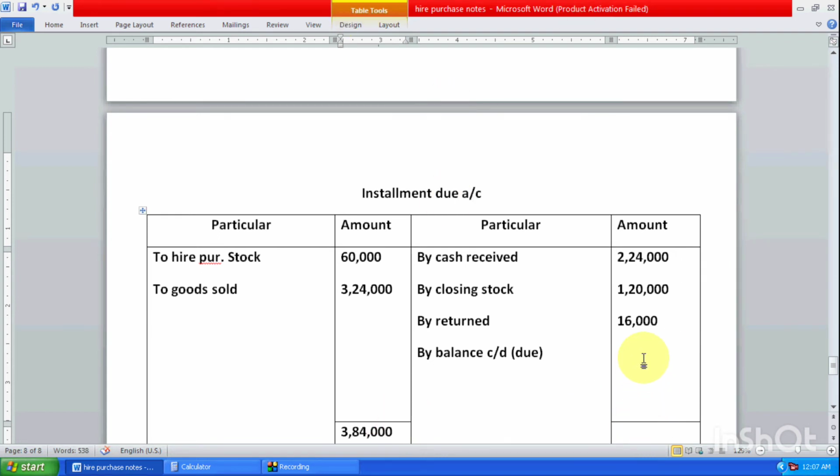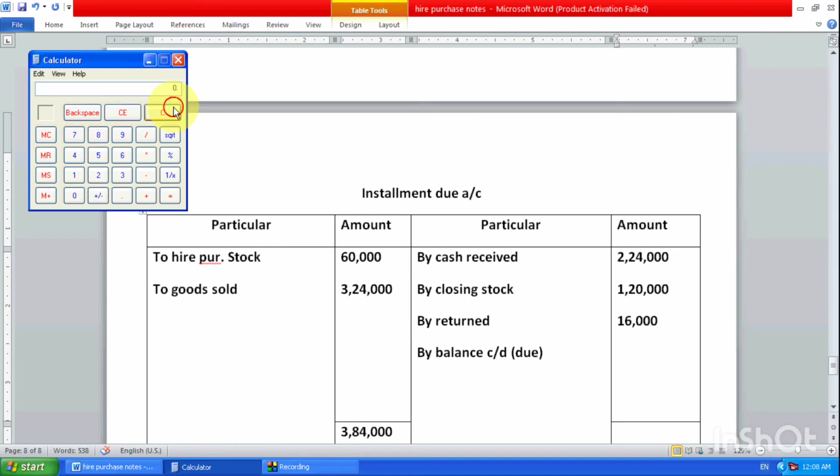Now deduct from this 3,84,000 directly. Let's see on the calculator, I'll show you. 3,84,000 minus 2,24,000, minus 16,000, and again how much this one? 1,20,000. So 3,84,000 minus 2,24,000 minus 1,20,000, again minus 16,000.